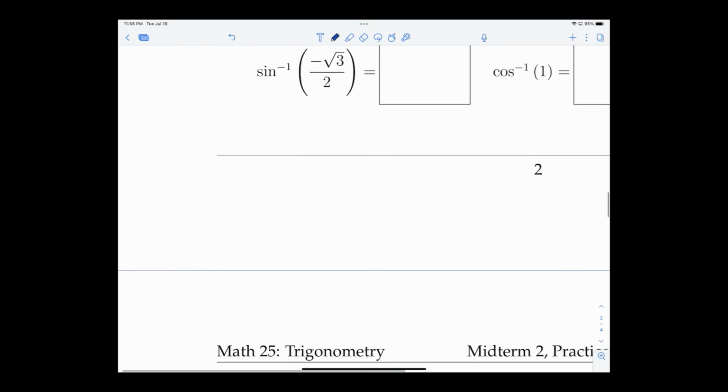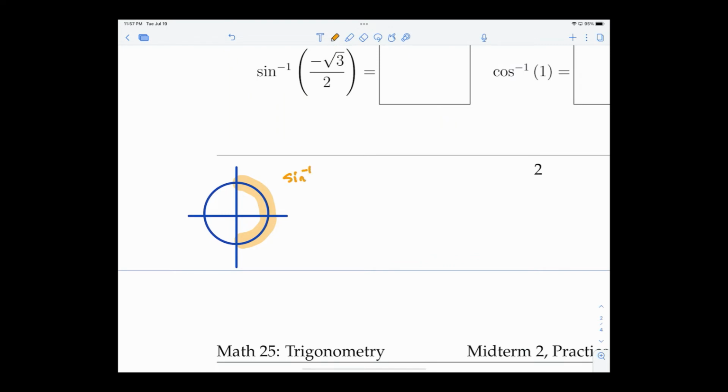If you remember when we derived the inverse trig functions in the lecture, what we did was we had to restrict the domain of the functions. So when we did the inverse sine, it was only defined in this section of the curve.